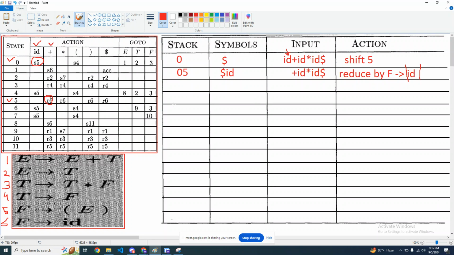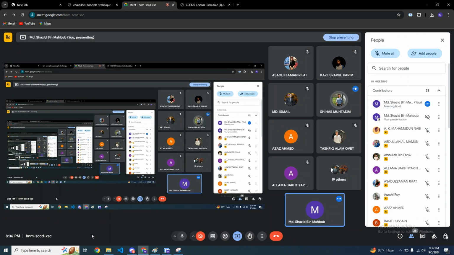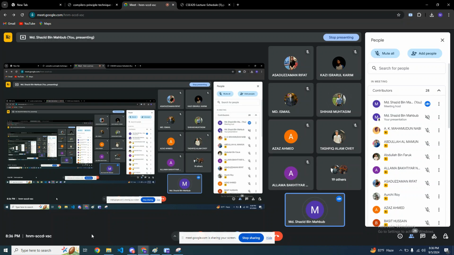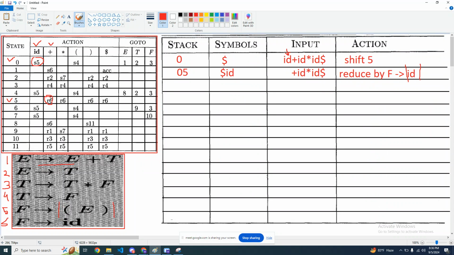For this, how many? One, two, three, right? So the cardinality of this production is 3.